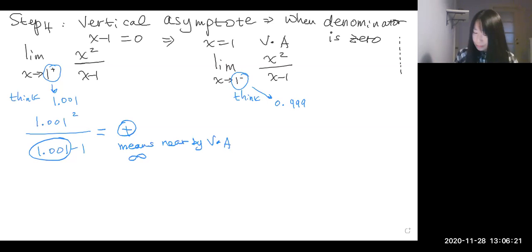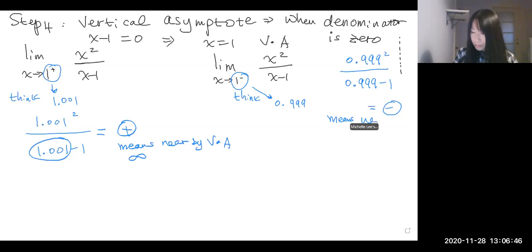Then we plug in 0.999 squared over 0.999 minus 1. We don't have to calculate. We just notice that it is negative, right? So negative nearby the vertical asymptote means negative infinity.